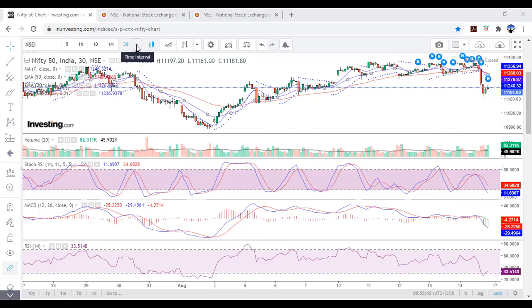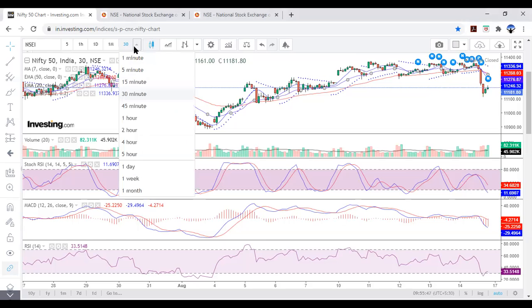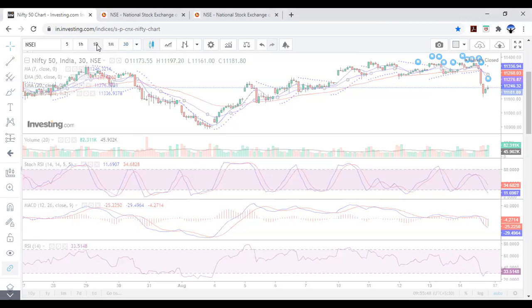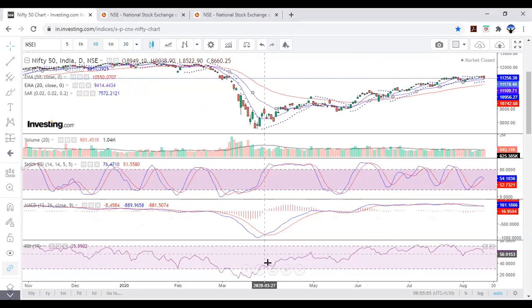Now I have taken a daily chart, and if you want it for long term investment purpose, then you need to consider that your position is only for buying for the long term with the best support.